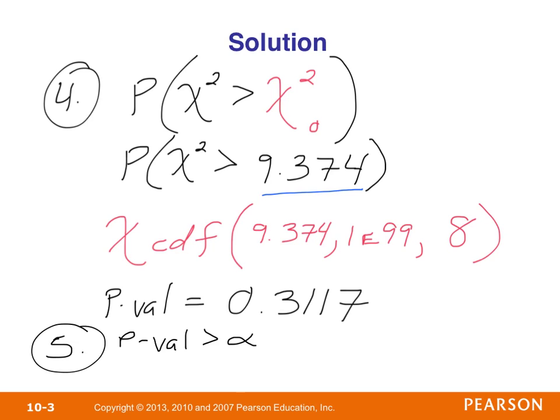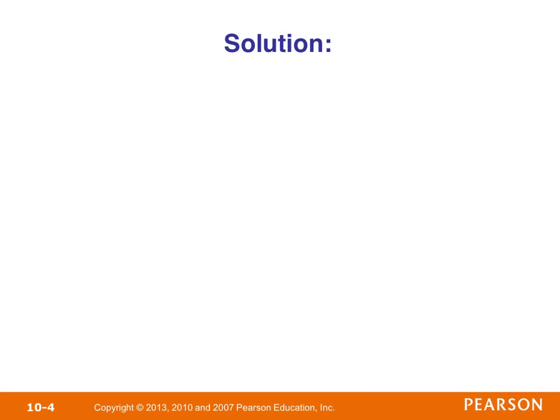So this is telling me to fail to reject H naught. Or in other words, I didn't see anything that out of the ordinary, assuming that the population standard deviation actually is the proper 3.2 milliliters. So in other words, there was insufficient evidence to conclude that the population standard deviation is actually higher than it should be. Or let me write that out for you.